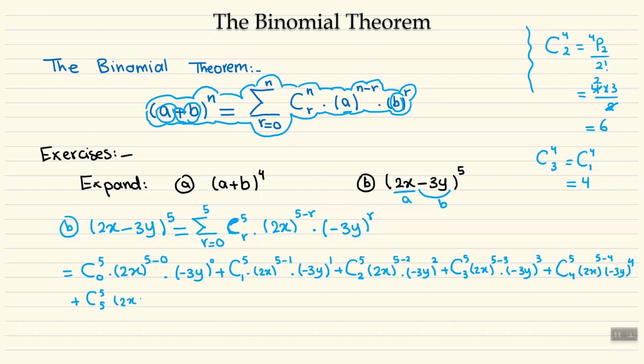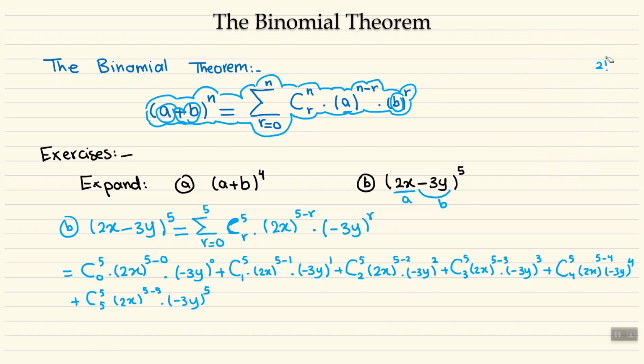2x to the power of 5 minus r, and minus 3y to the power of r. Okay, so this is going to be the whole expansion, and now let's try to solve it.